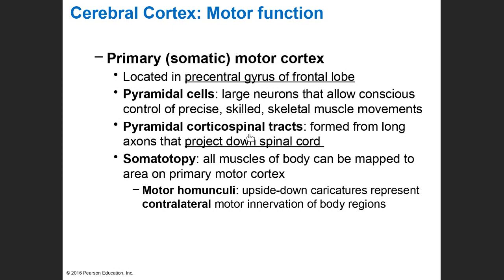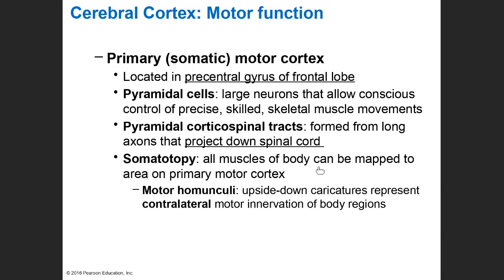Okay, so corticospinal. Now, something known as somatotopy: there's actually a map in this primary motor cortex of the precentral gyrus of all the muscles in the body.